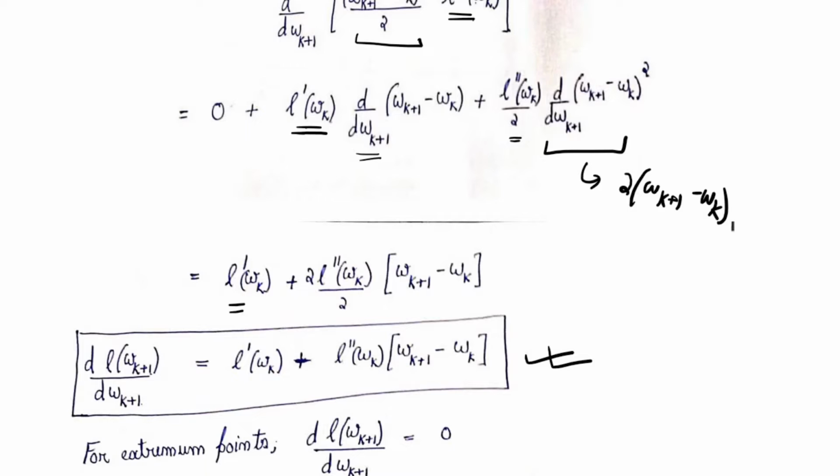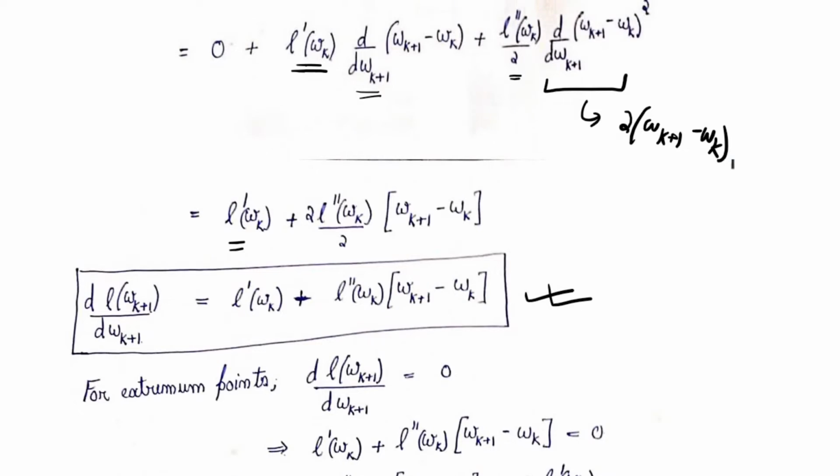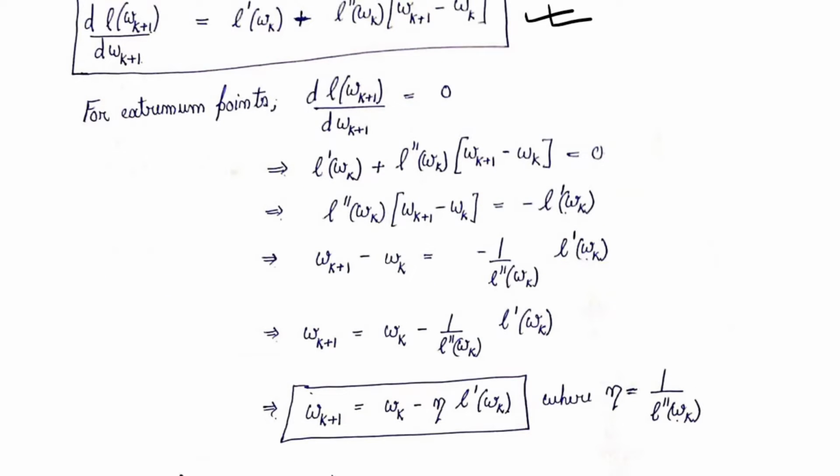Now we need to find the value of wk plus 1, and hence we will be looking forward to equate this derivative to 0. On doing so, this is what we are getting, and pretty much we get the result from here only. We take the equation from here. This is the equation we were having. Equate it to 0. So the first thing is this L'(wk) goes to the RHS.